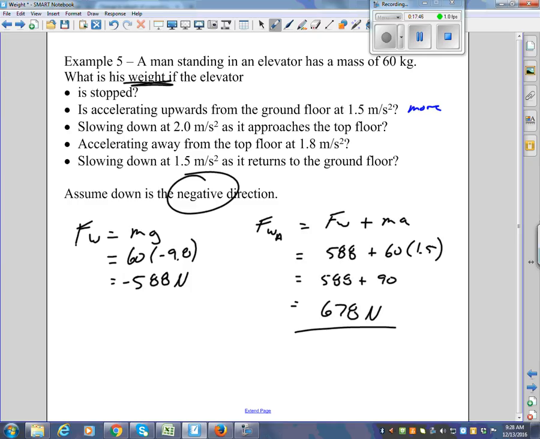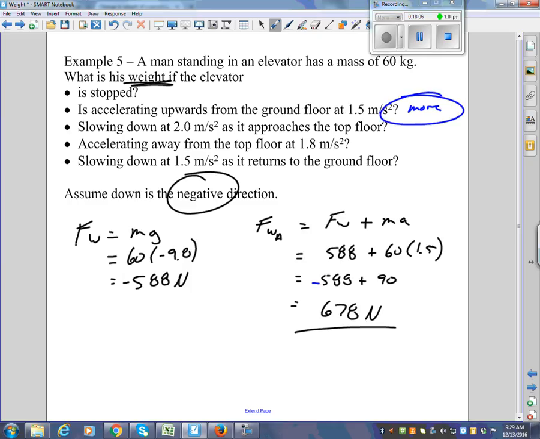Does that feel right to you? There's the problem. If I make this negative, right, then he's going to weigh less, right? And I want you to remember this.